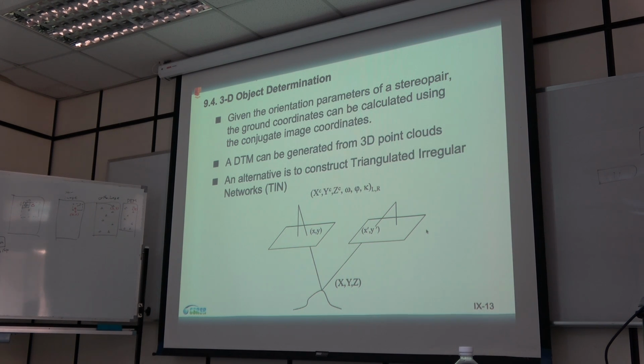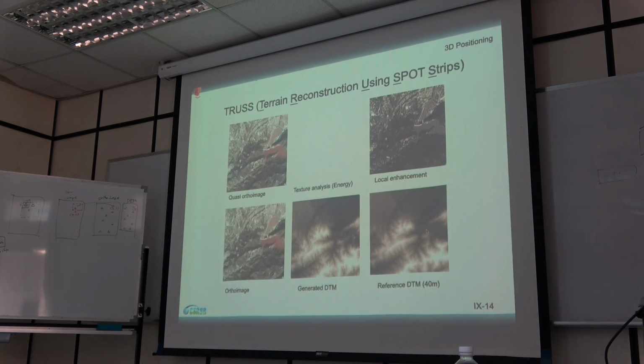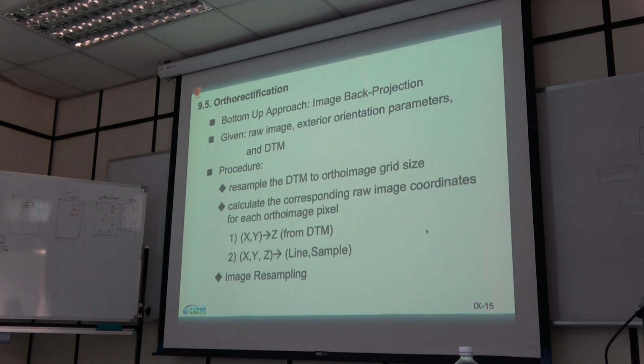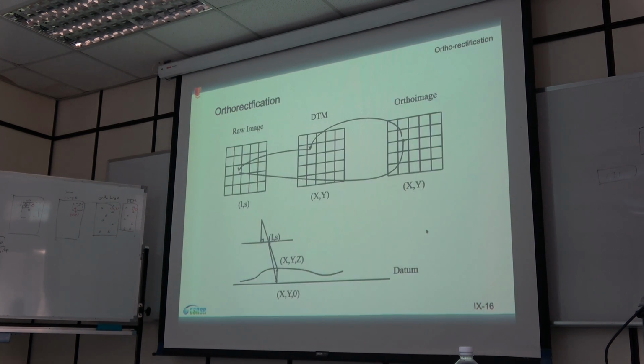We talked about this already, so let me take a look at one of the applications: directly matching two satellite images to derive the DEM, DTM by using SPOT. And here is the also application. Here is the bottom-up approach, and we talked about this before.